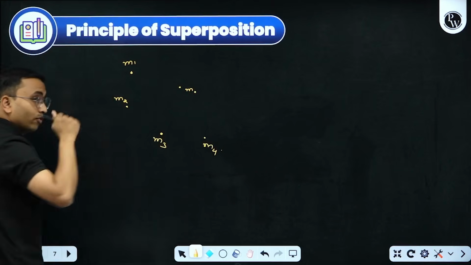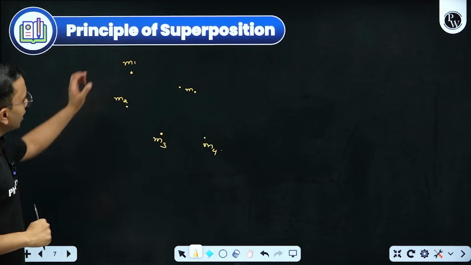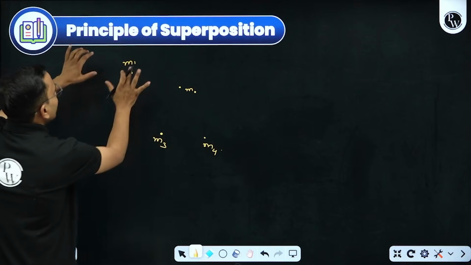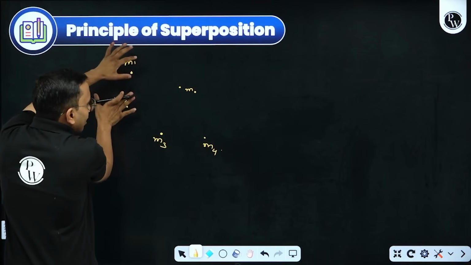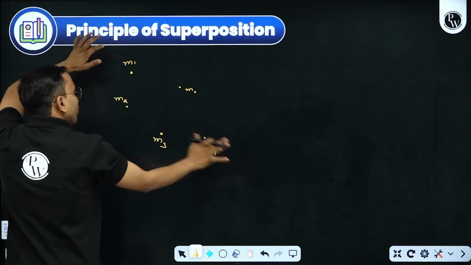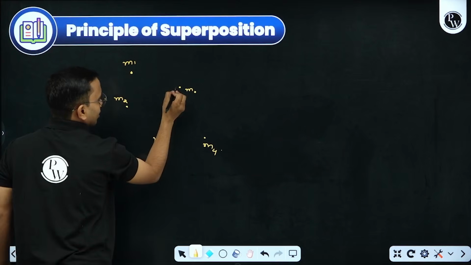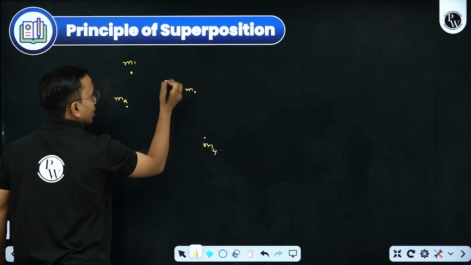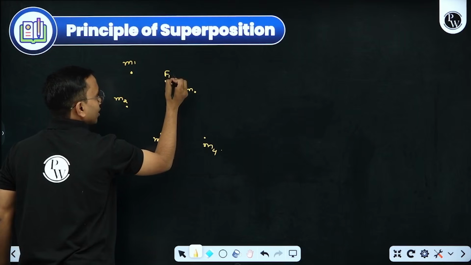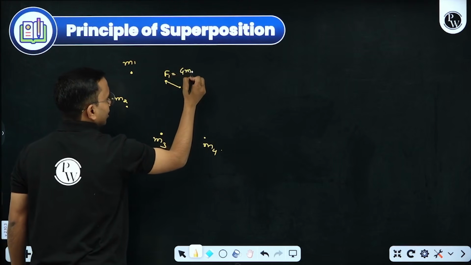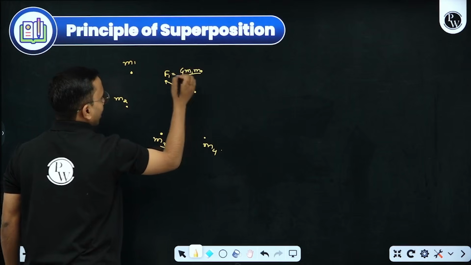I want to find the force on m0. So individually I will write the forces due to each mass. When I am writing the force due to m1, that force is independent of the presence of 2, 3 or 4. So due to m1, this force will be in this direction, and let us take this as f1. What will be f1? G m1 m0 divided by the separation square.